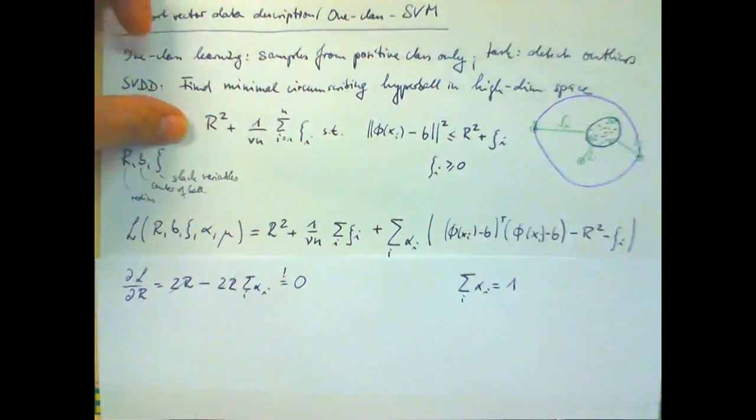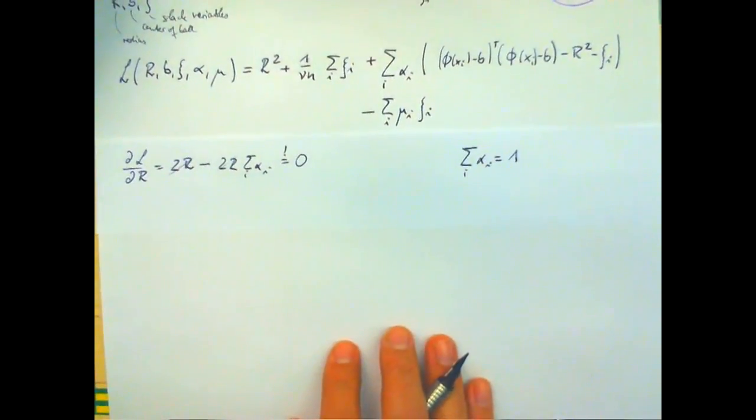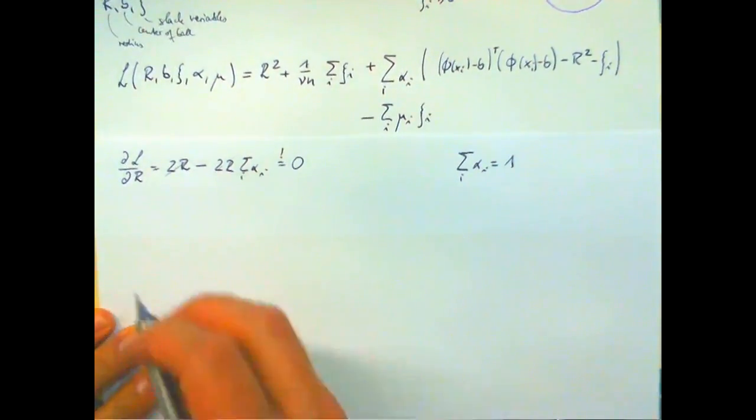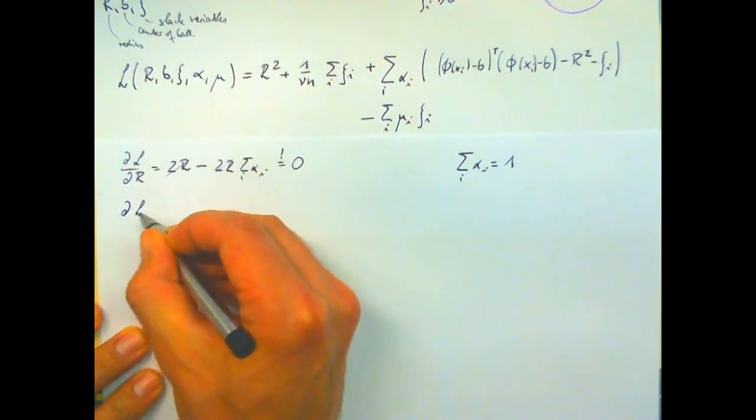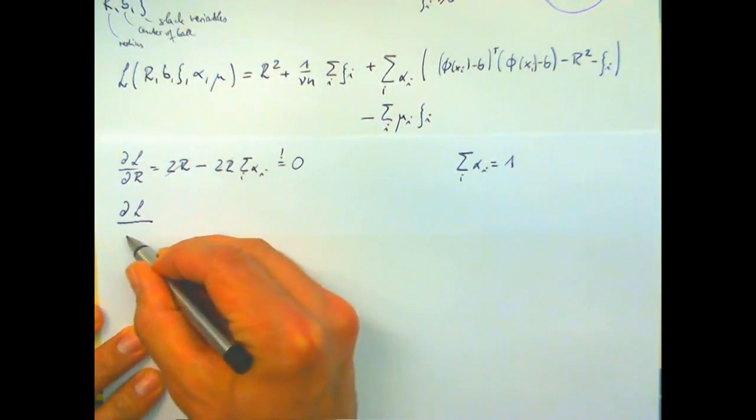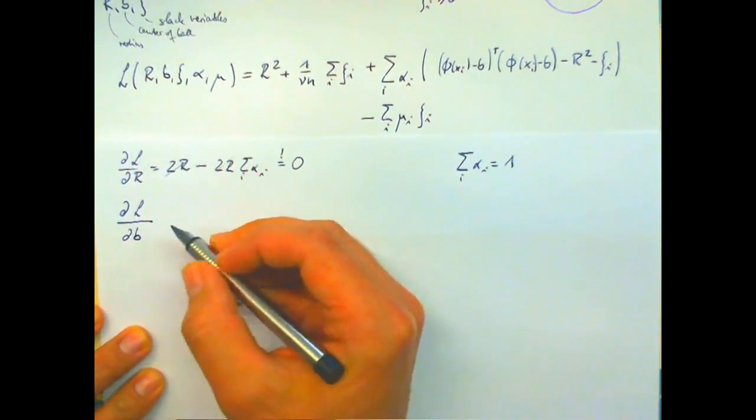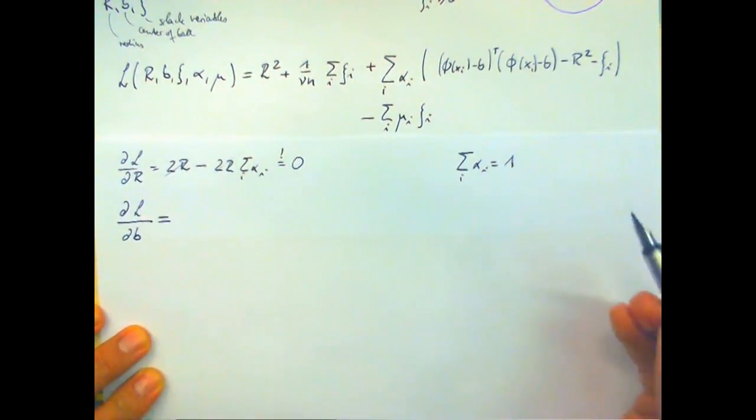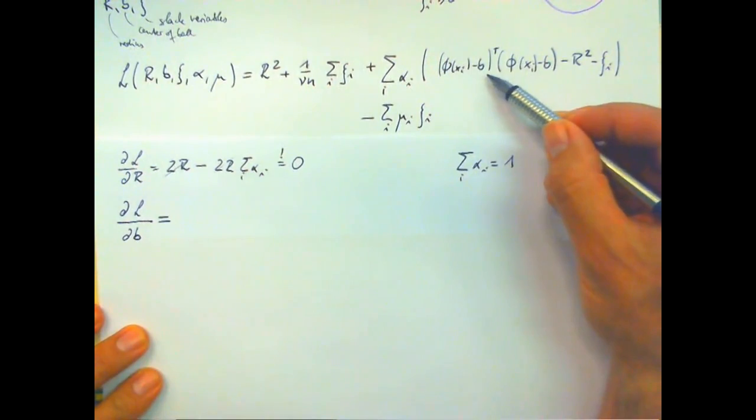And then differentiating with respect to the center of the ball. So B appears here. So I have a B squared, which I differentiate.